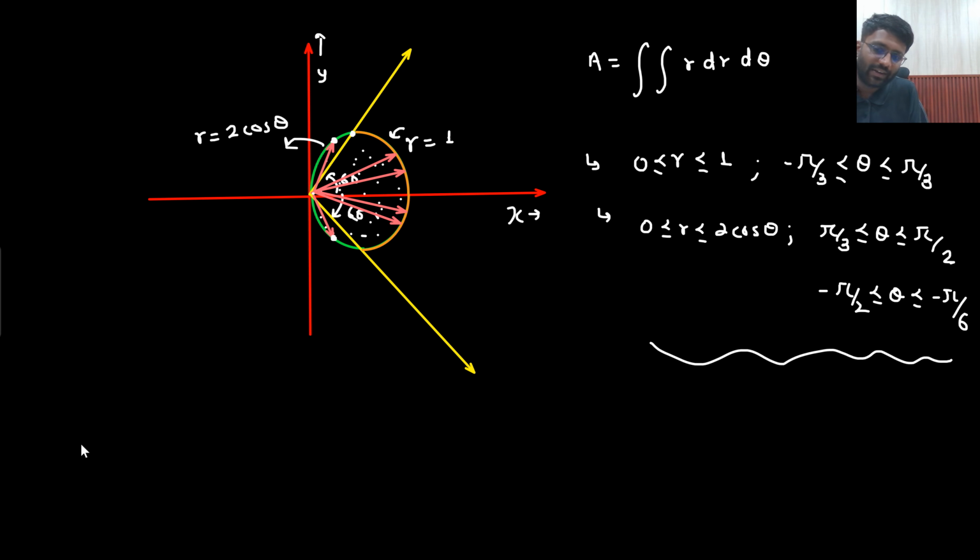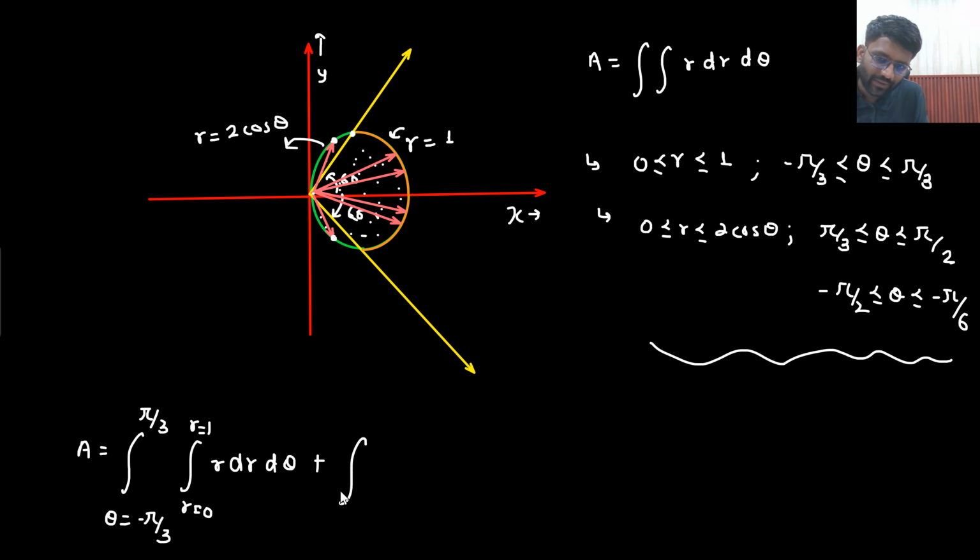So area will be defined in this manner: first for r going from 0 to 1 and theta going from minus pi by 3 to plus pi by 3, r dr d theta. Then for theta going from pi by 3 to pi by 2, and r going from 0 to 2 cos theta, r dr d theta.